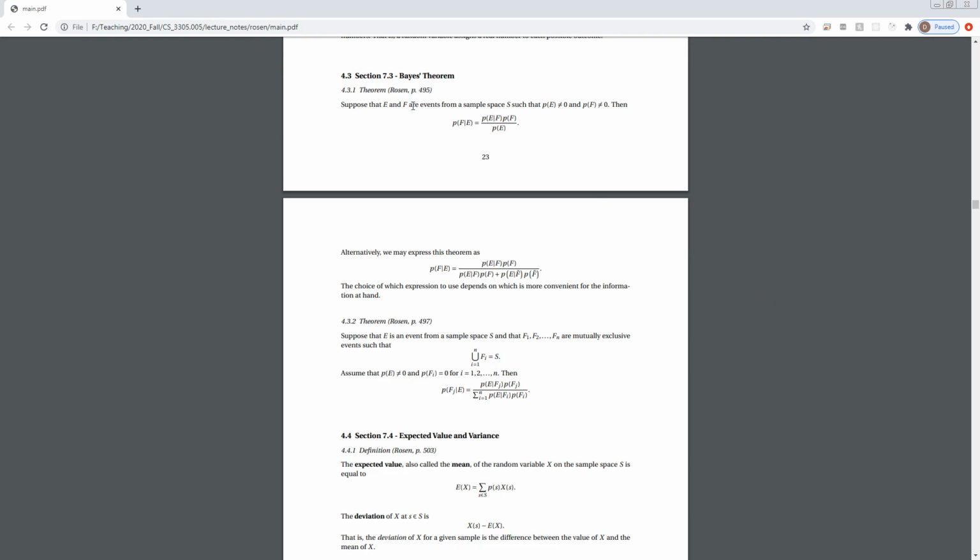So, Bayes' theorem essentially relates the probability of some event F given E to the probability of E given F. You can look at it in a couple of ways. First, you can see this normalization. We're dividing by the probability of E, and that's this normalizing act.